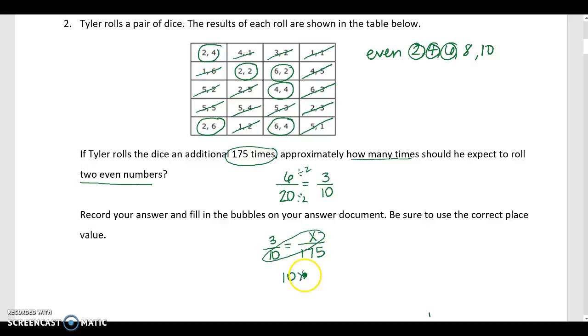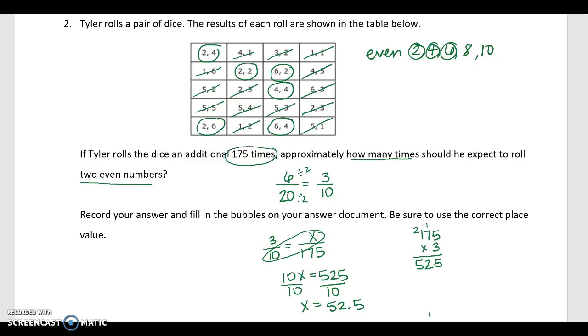So 10x equals 3 times 175. 3 times 5 is 15. 3 times 7 is 21, plus 1 is 22. 1 times 3 is 3. 4, 5. So 525. Divide by 10. X equals 52.5.